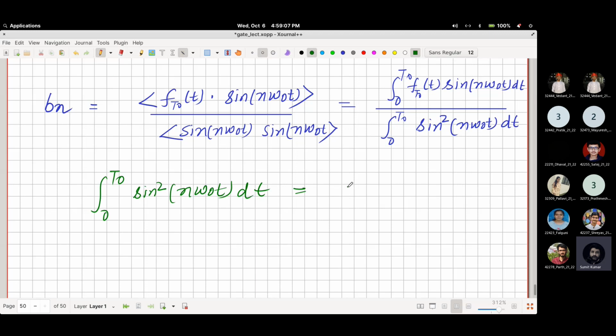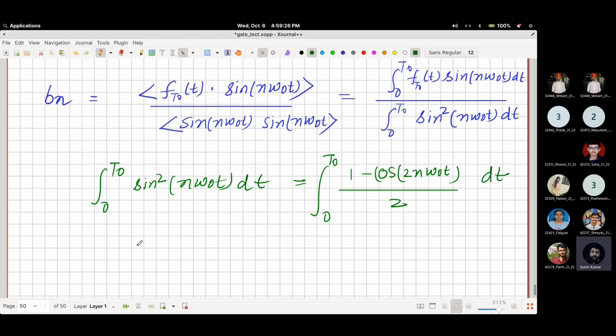So yes, it will be 1 minus cos 2n omega naught t, divided by 2, and we are integrating this from 0 to t naught, dt.